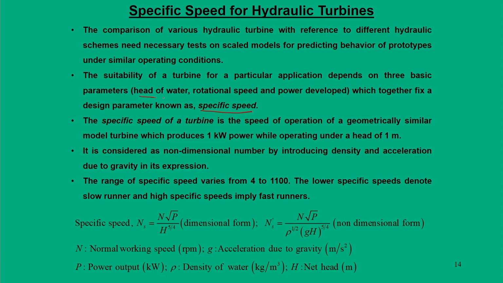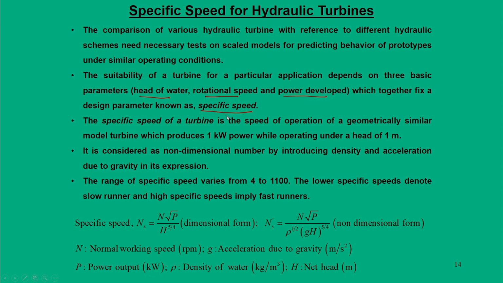One is the head of water, second is the rotational speed, and third is how much power we are going to generate. These three things have to be considered together to define the specific speed, and it has to remain the same for the model as well as the prototype.